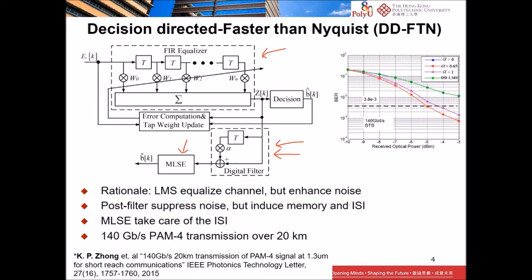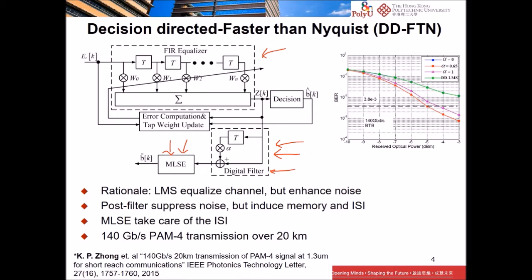Then what do we do about that induced intersymbol interference? We use the MLSE to take care of the residual intersymbol interference caused by this post filter. So this is trying to achieve a trade-off between noise enhancement and equalizing the channel.